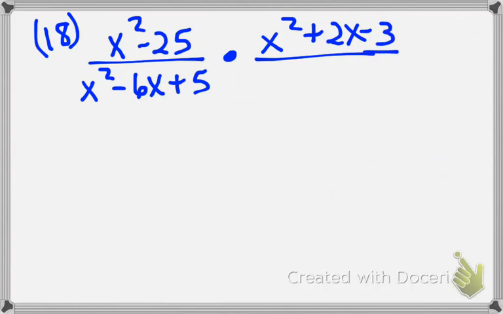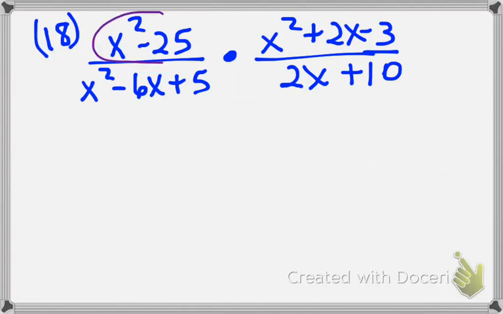So x squared plus 2x minus 3 is now in the numerator. 2x plus 10 is now in my denominator. So keep, change, flip: change the division problem into a multiplication problem, and then factor everything.